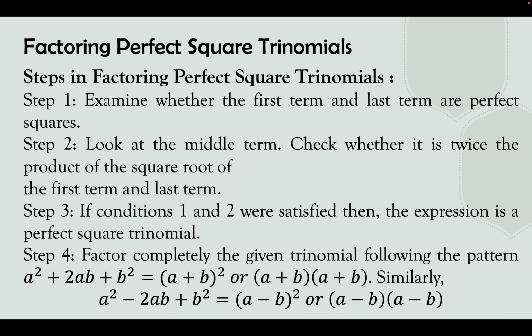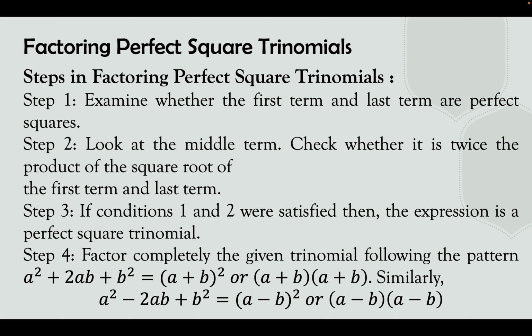So these are the steps in factoring perfect square trinomials. Step 1: examine whether the first and last terms are perfect squares. Step 2: look at the middle term and check whether it is twice the product of the square roots of the first term and the last term. Step 3: if conditions 1 and 2 are satisfied, then the expression is a perfect square trinomial.